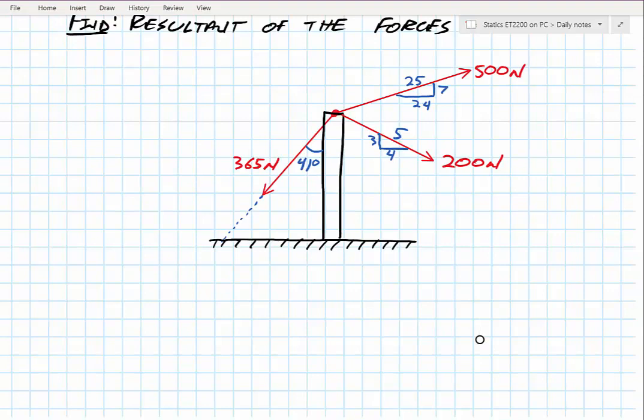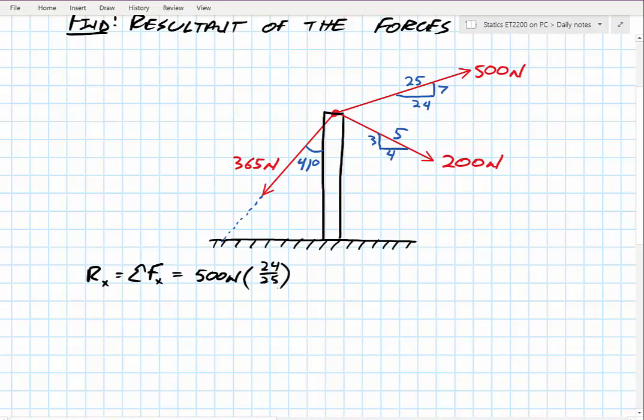Last time we said that our resultant force in the x direction is equal to the sum of all of the component forces in the x direction. So one by one, let's start with the 500 Newton. Its component in the x direction would be 24/25, plus this 200 Newton.